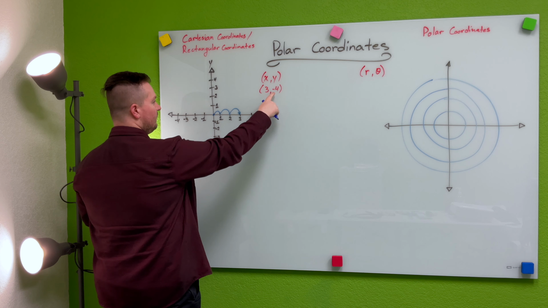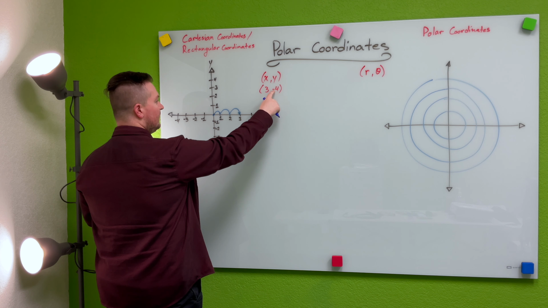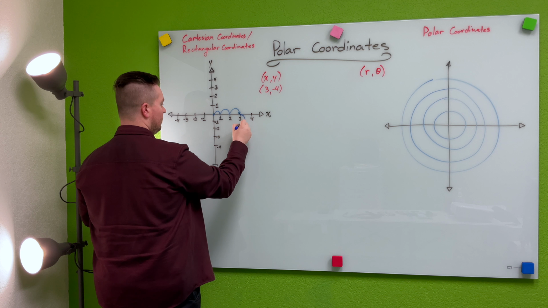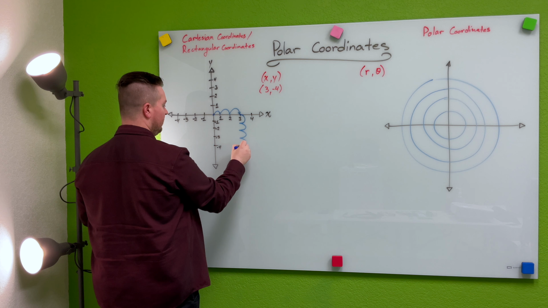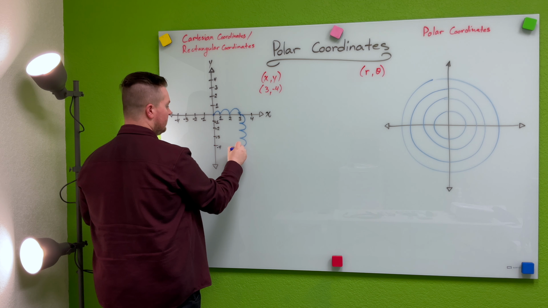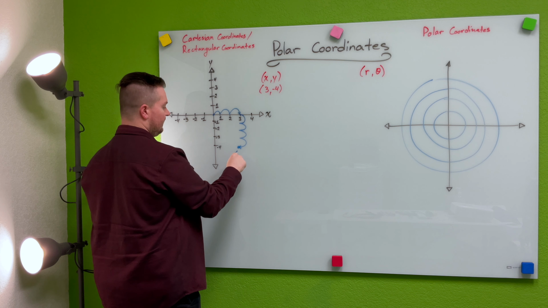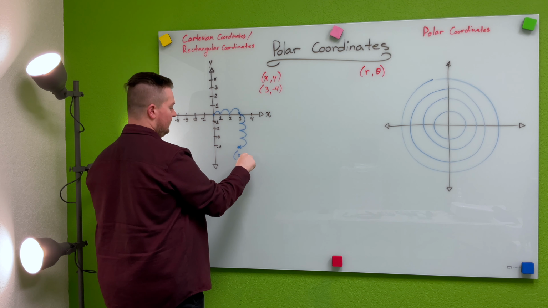After that, we go 4 steps in the negative y direction. So we'll go 1, 2, 3, 4. This is where our final point would reside. So this point right here is (3, -4).